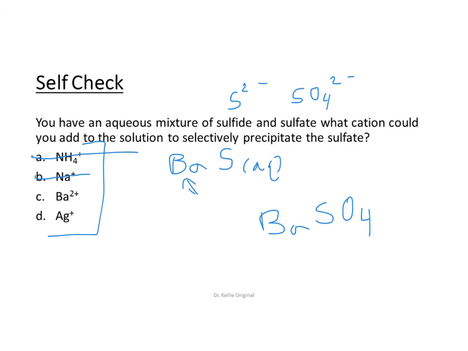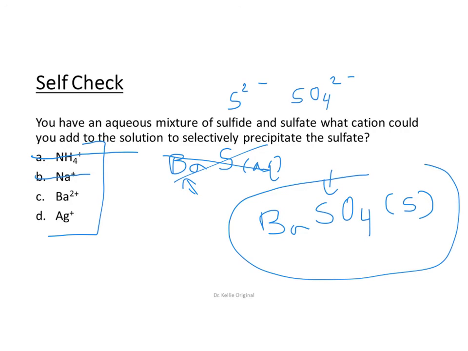Most things that contain sulfate are soluble except when they contain barium. So barium sulfate actually wants to be a solid. So if we added barium to a solution of sulfate and sulfide, it wouldn't react with the sulfide at all, but it would react with the sulfate to form a solid. So it would be the answer to our question.